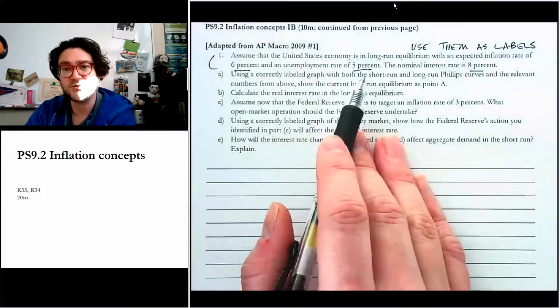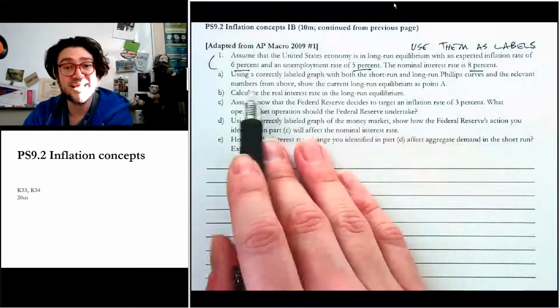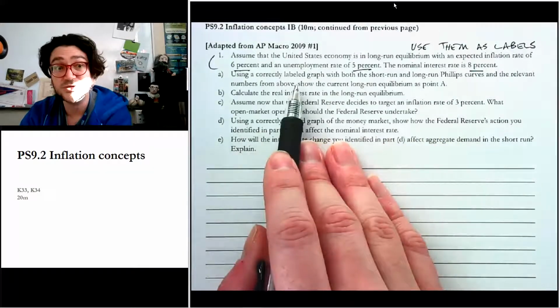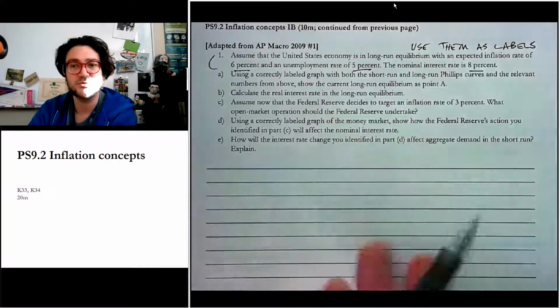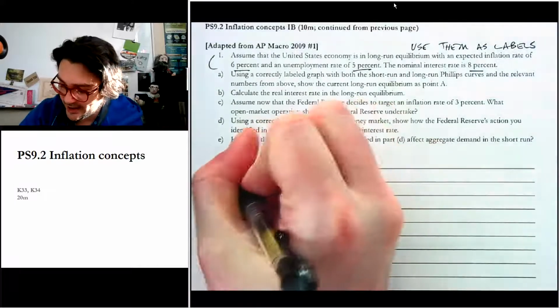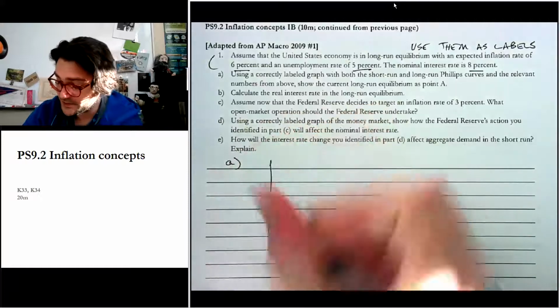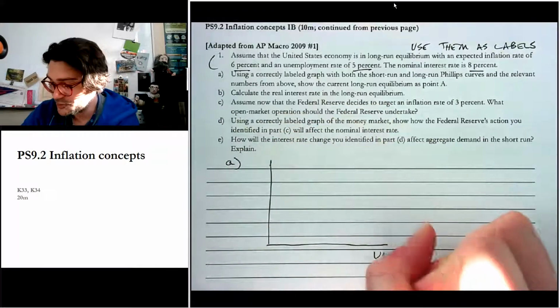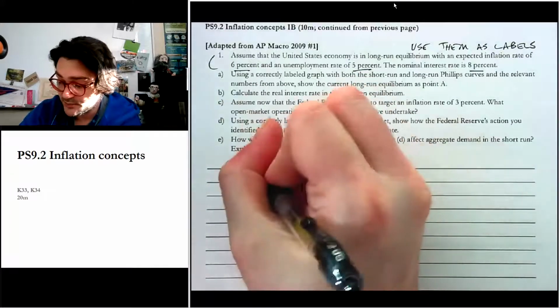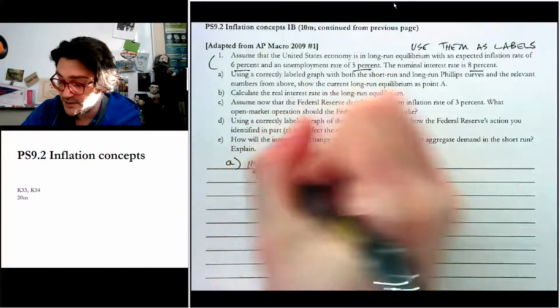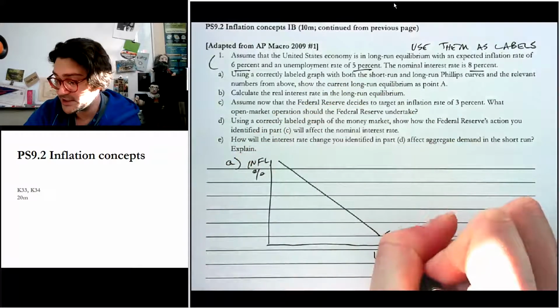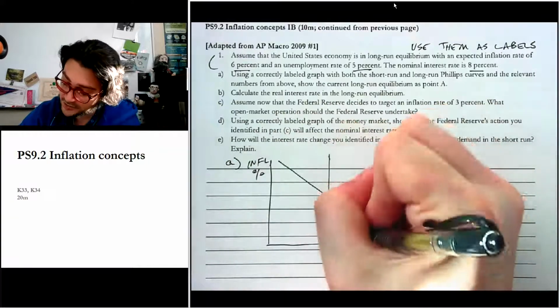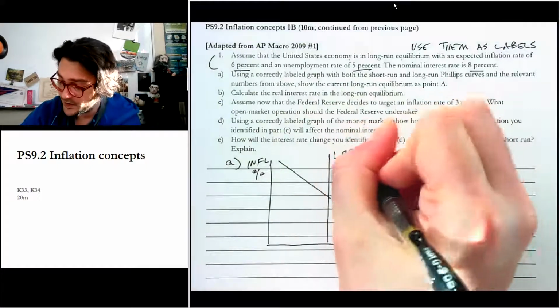Using a correctly labeled graph with both short run and long run Phillips curves and the relevant numbers from above. Notice they tell you that. Show the current long run equilibrium as point A. All right, so for A, we need to draw the Phillips curve model. So we have unemployment percent and we have inflation percent, a downward sloping SRPC, and a vertical LRPC.